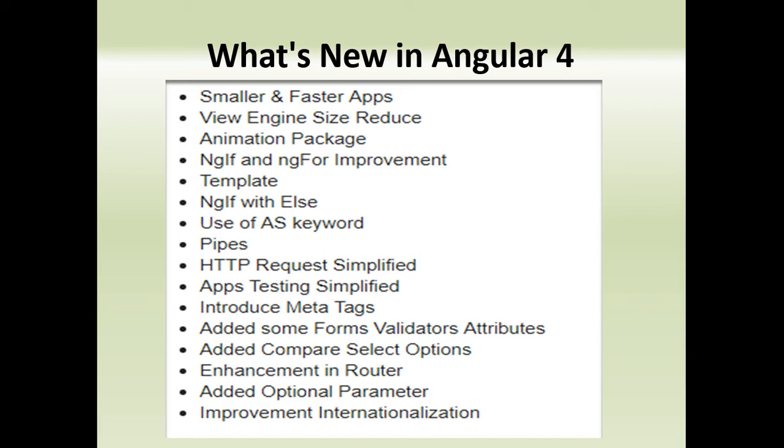Angular 2 is a total rewrite of AngularJS. It means you cannot see any logic or any sentence directly from Angular 1. In Angular 2, all features are different from Angular 1. So Angular 2 and Angular 4 are a total rewrite of AngularJS.